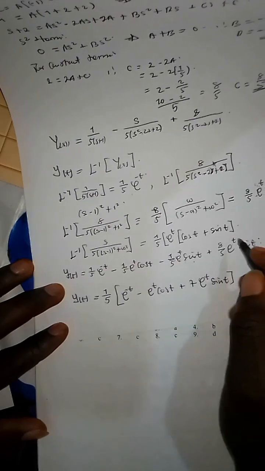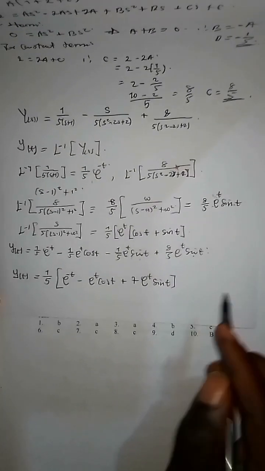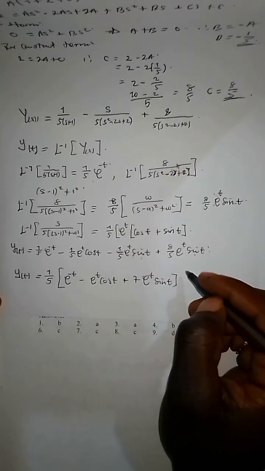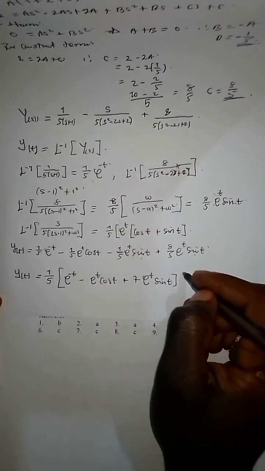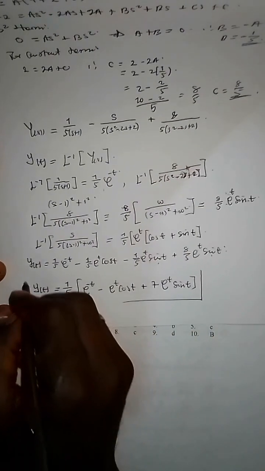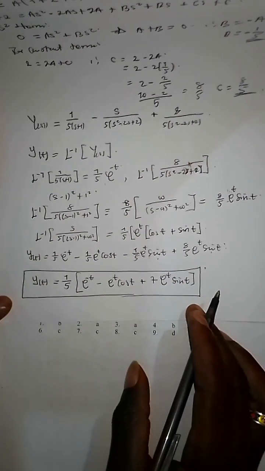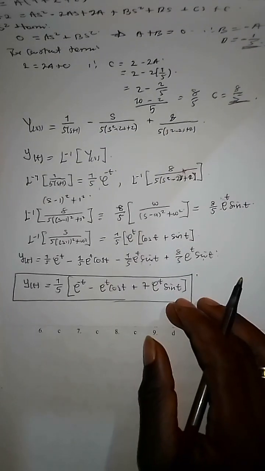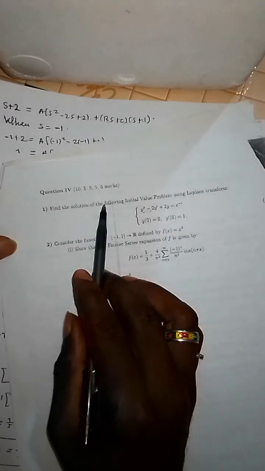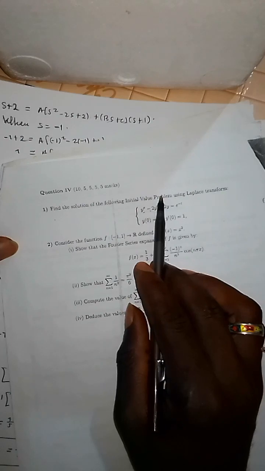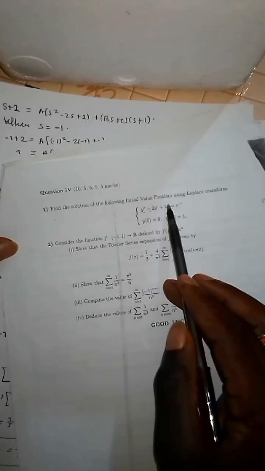So this is the result of the initial value problem we were solving from the beginning. The problem goes, find the solution of the following initial value problem using Laplace transform. So this is the problem, and this is the solution.